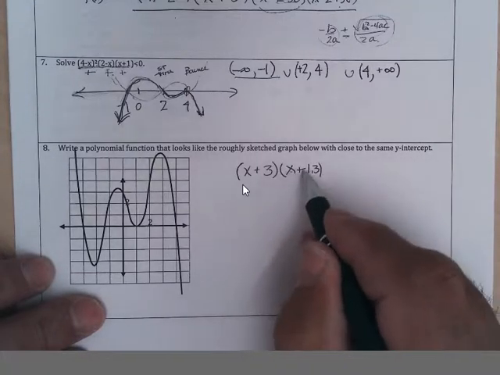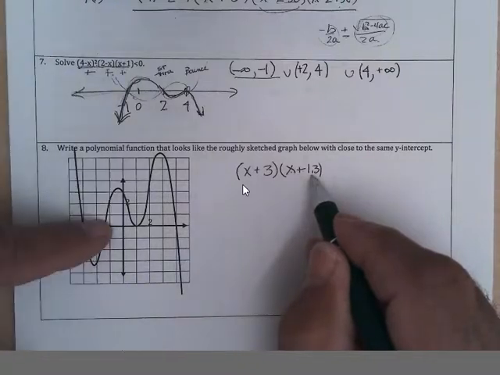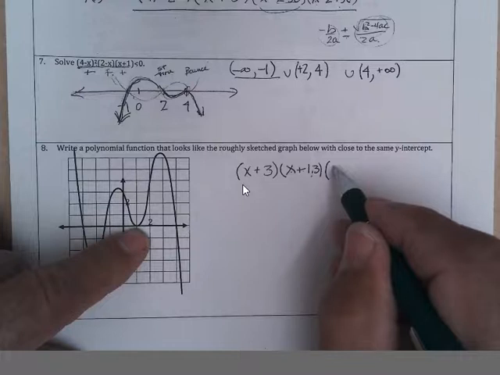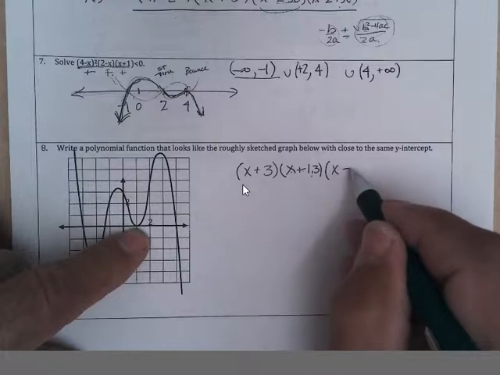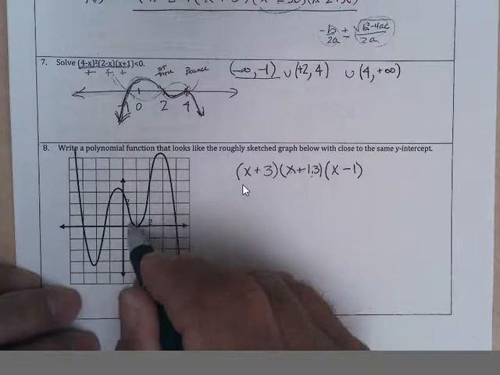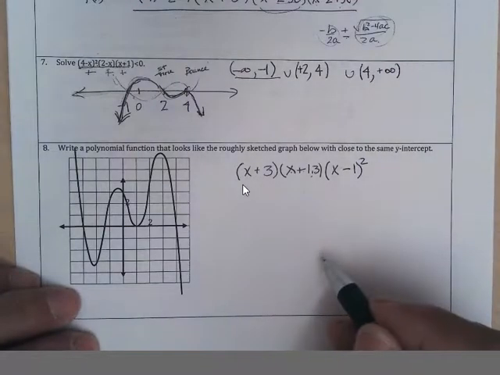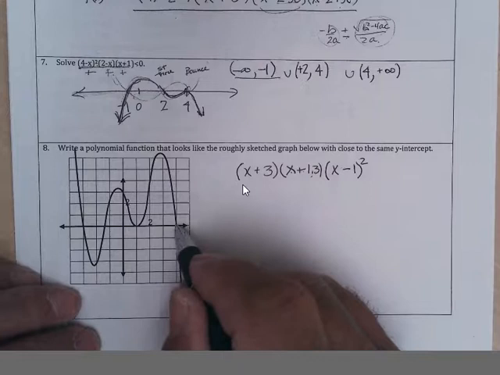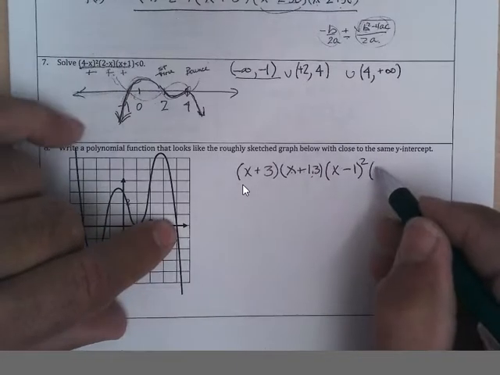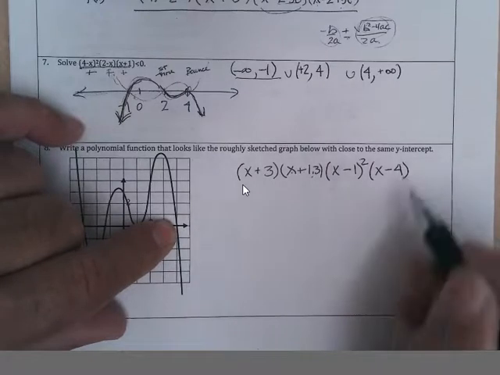Minus 1.3 plus 1.3 would make 0, a height of 0. This is at 1, so if I put in 1 for the x, it would have to be minus 1 to get 0, and it bounces, so that one has to be squared. And then it goes straight through at 4. So if I put 4 in for the x, it would have to be minus 4 to make 0.